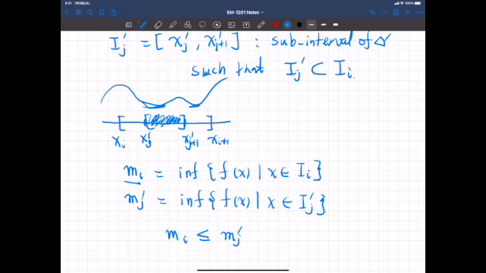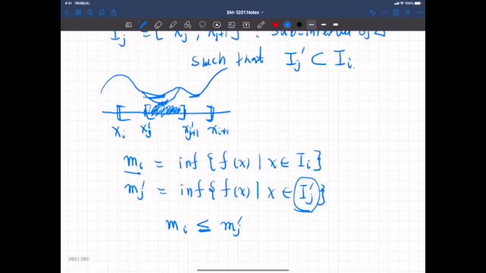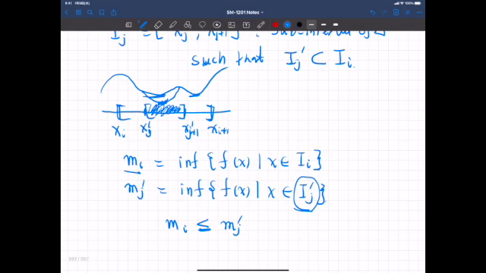So if actually the very minimum within this subinterval ii is also within this interval ij prime, then this will be an equal sign. But otherwise, mi should be less than mj prime, because the minimum can be somewhere here, which is outside the interval ij prime.